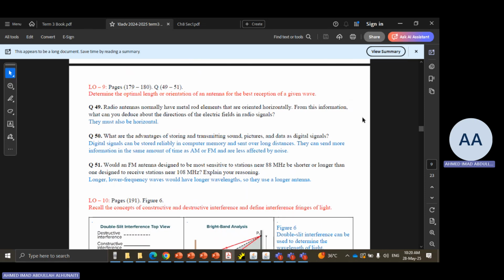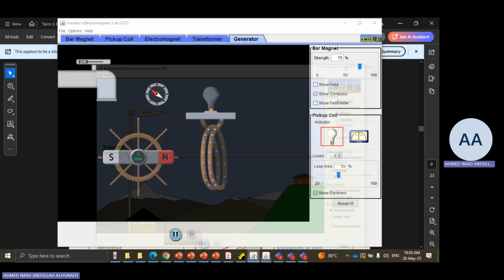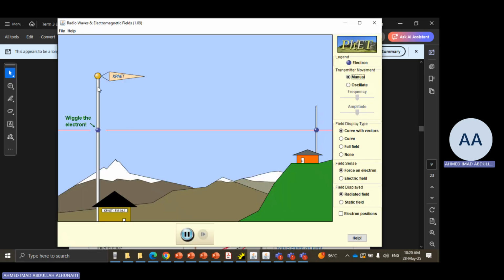Moving on, question number 9. Determine the optimal length or orientation of an antenna for the best reception of a given wave. Here we have an antenna used to transmit a radio wave, and on the far side we have an antenna used to pick up these radio waves.